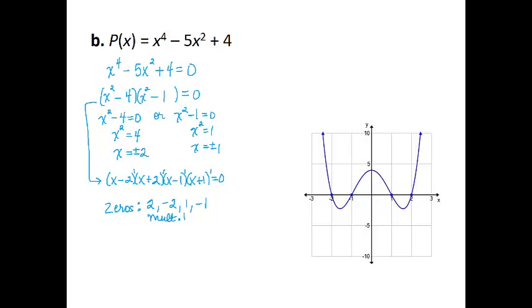And so what that would mean is that the graph has to cross the x-axis at each of those zeros. And we see at negative 2, the graph crosses the x-axis. At negative 1, the graph crosses the x-axis. At 1 and at 2, the graph crosses the x-axis.